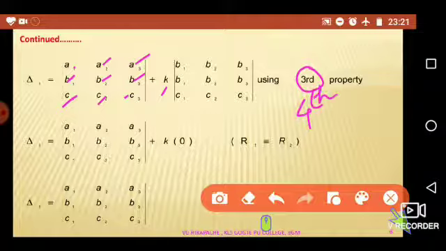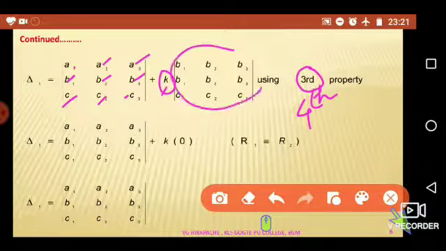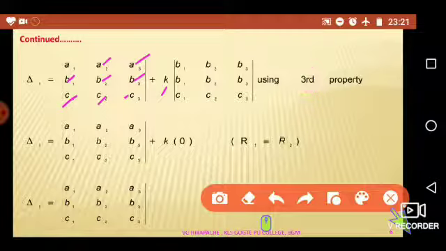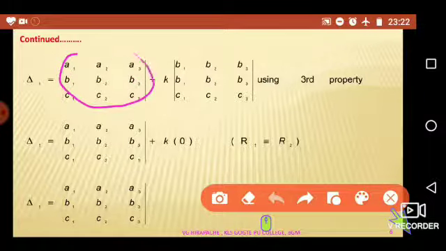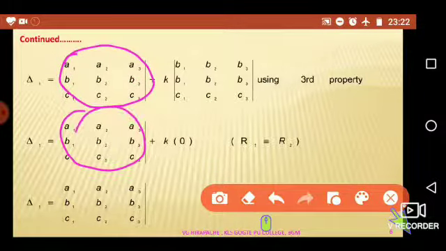If any row or column consists of a constant multiplied by k, then k will multiply the value of the whole determinant. Therefore, let me take k common from the previous slide. It was kb1, kb2, kb3. We have taken k from the first row outside, b1, b2, b3, b1, b2, b3 in the second row also, and c1, c2, c3. Now the first row remains the same, this determinant remains the same, plus k times.